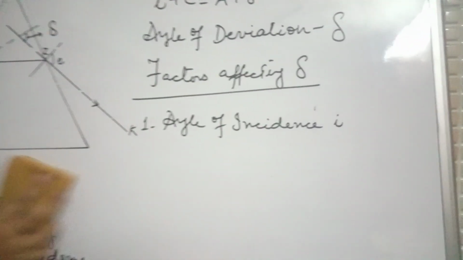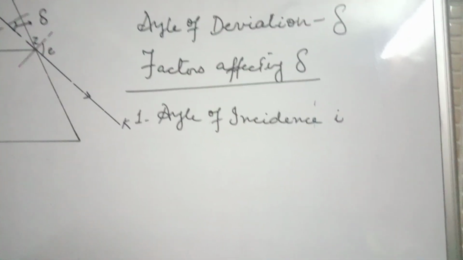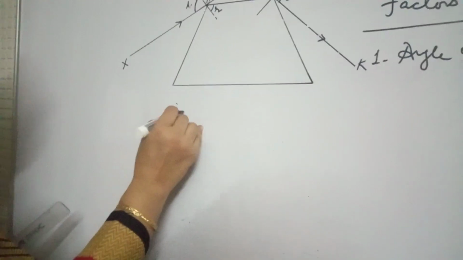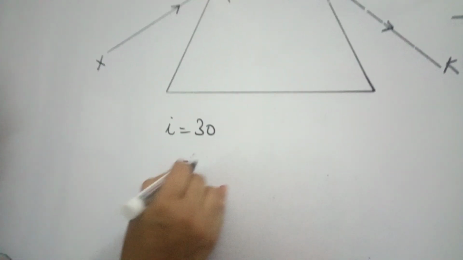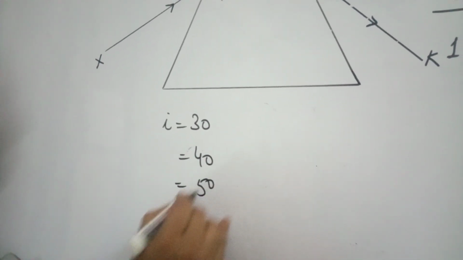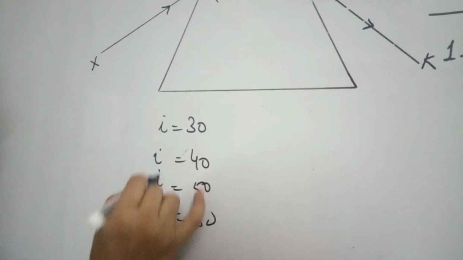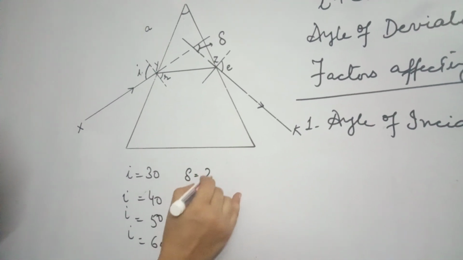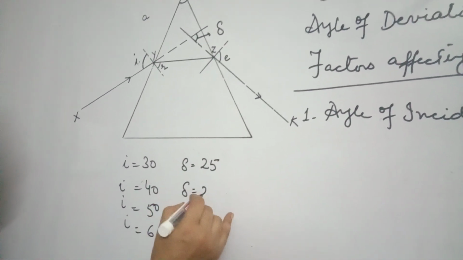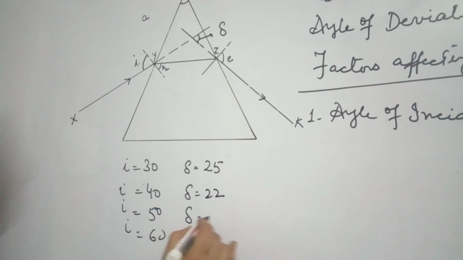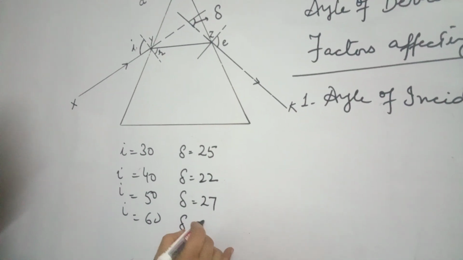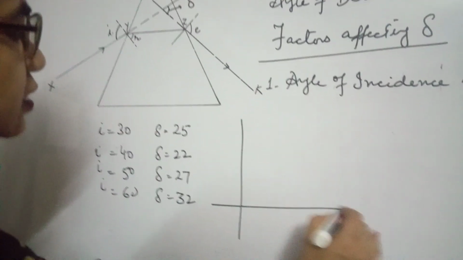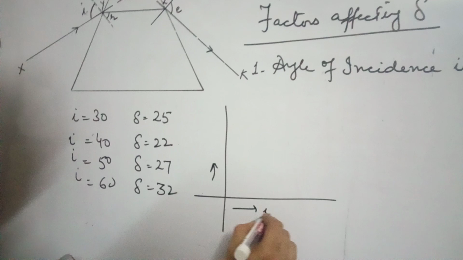Suppose I do the experiment with different angles of incidence I: first time 30 degrees, second time 40, third time 50, then 60. I take different angles and find the angle delta. Suppose for 30 the angle delta is 25, for 40 it is 20, for 50 suppose 27, and for 60 suppose 32. So what you will observe if you draw the graph of I versus delta.